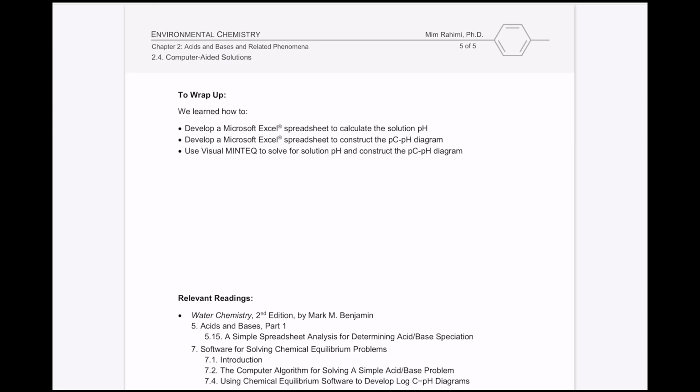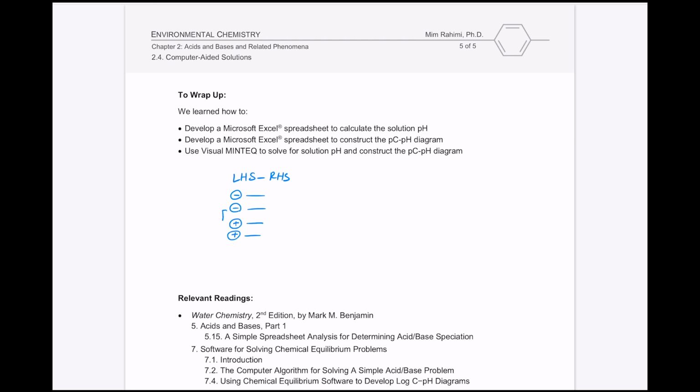So to wrap up, in this lecture, we learned how to develop a Microsoft Excel file for calculation of the pH. For example, we used that LHS minus RHS term, based on the charge balance, and see when, for example, the sign is changing.